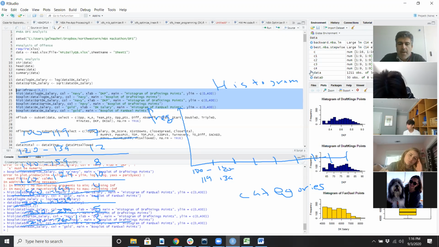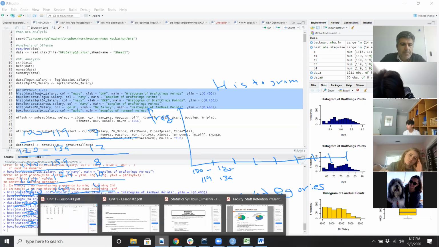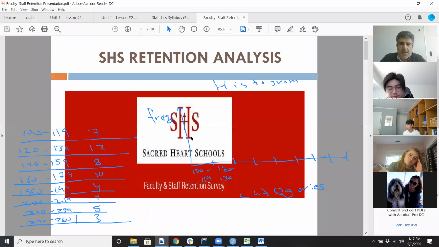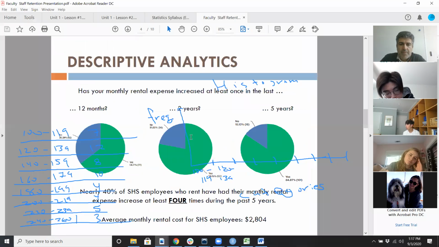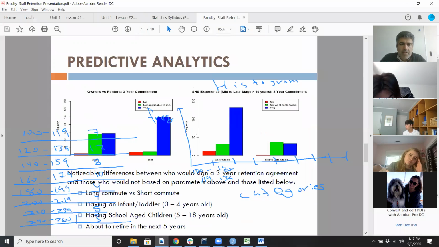For example, let me go back to this slide deck here. This is more of a bar plot. So if we looked at owners versus renters, if you owned or rented a house, would you sign through your agreement?